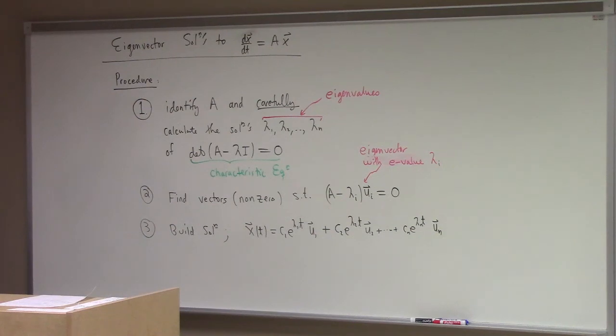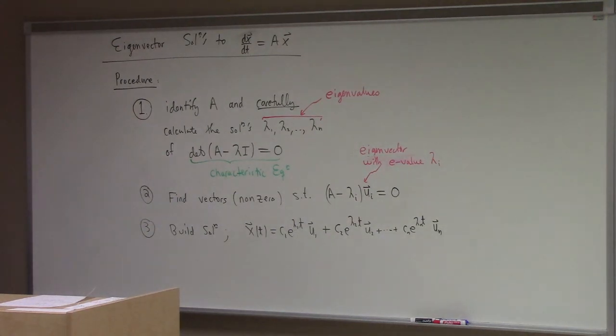The general theory says we're looking for n linearly independent solutions to an n by n problem. If I have n linear differential equations with constant coefficients, then I'm looking for n linearly independent solutions. I'm looking to construct the fundamental solution set.